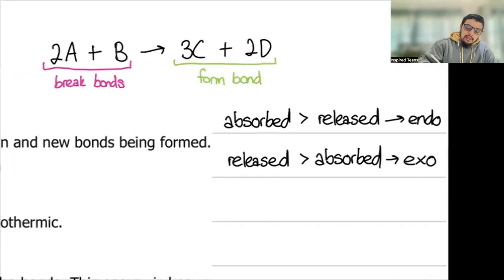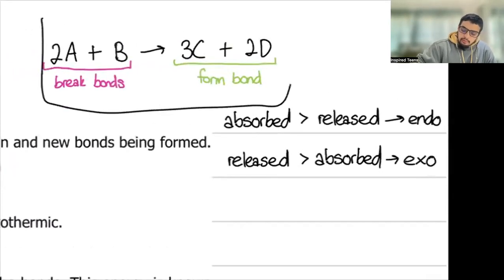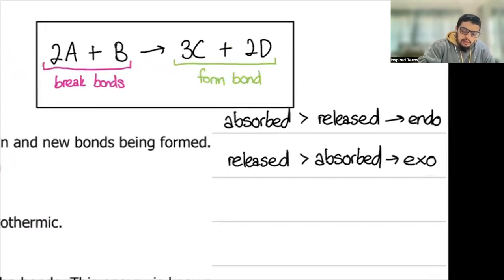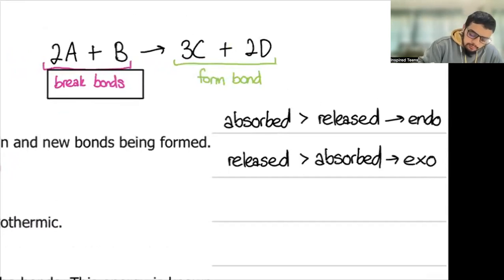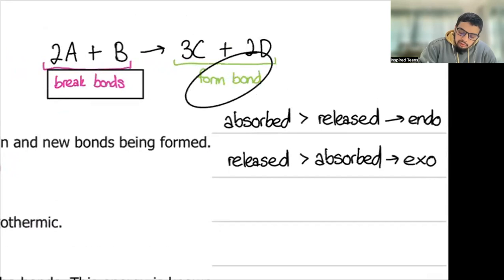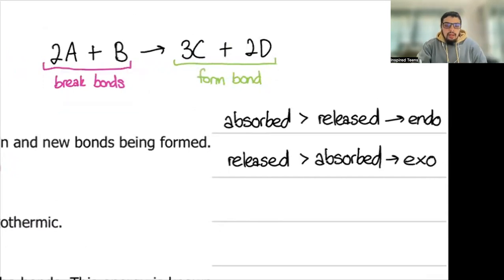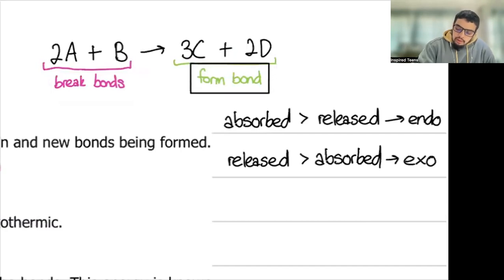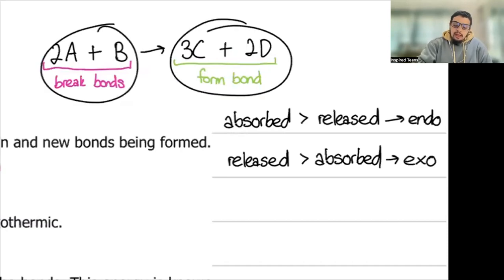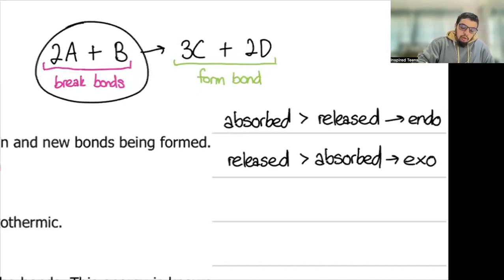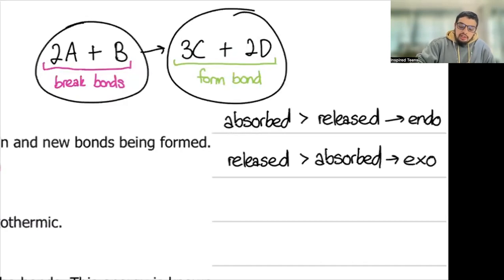Okay, so I said that in every reaction we will have a certain amount of energy absorbed and a certain amount of energy released. That is because bonds need to be broken and bonds need to be formed. In order to form products, you need to break the bonds of the reactants. So in a chemical reaction, we can have energy absorbed and, at the same time, energy released.